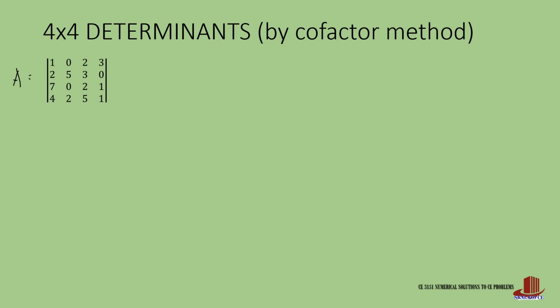If we are going to denote our example matrix as matrix A, then the first thing that we are going to do would be to choose a row or a column which would give us the shortest solution. In this case, since you would notice that for row 2, there would be 2 zeros, then I would be choosing row 2.